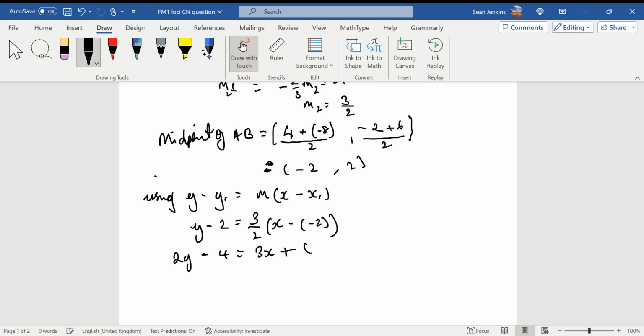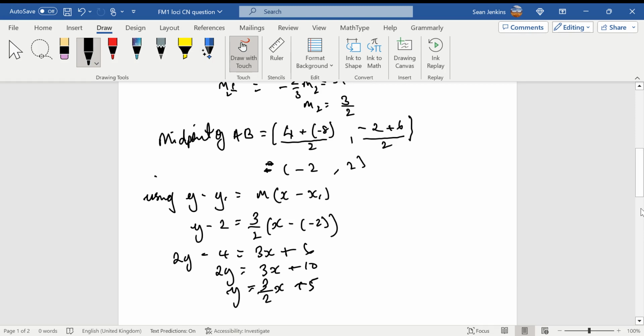This will give me 2y is equal to 3x plus 10. Oh, that's nice. That gives me y is equal to 3 over 2 x plus 5. And that's the Cartesian equation of the locus.